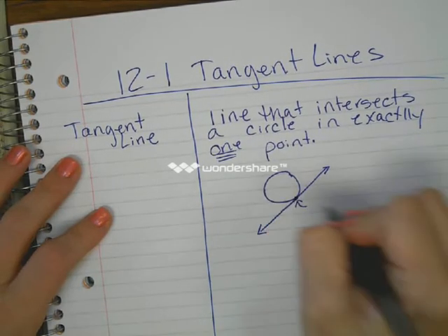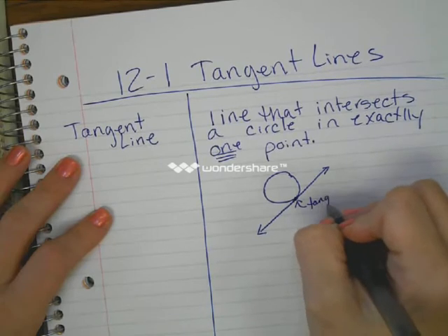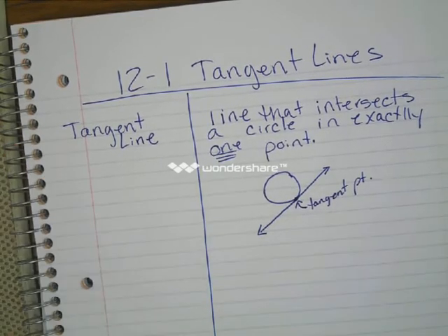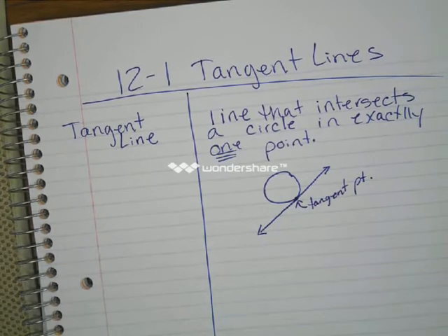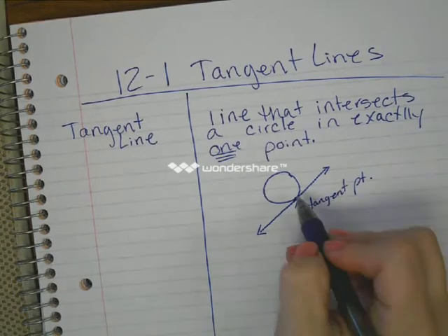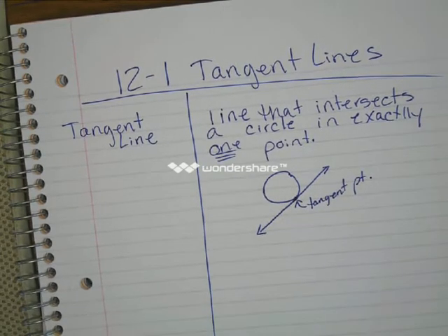The point where it intersects is called the tangent point. You will see this terminology again when you do calculus, if you ever get to a full-blown calculus class. Some of you will. You'll study tangent points on graphs later on in life.